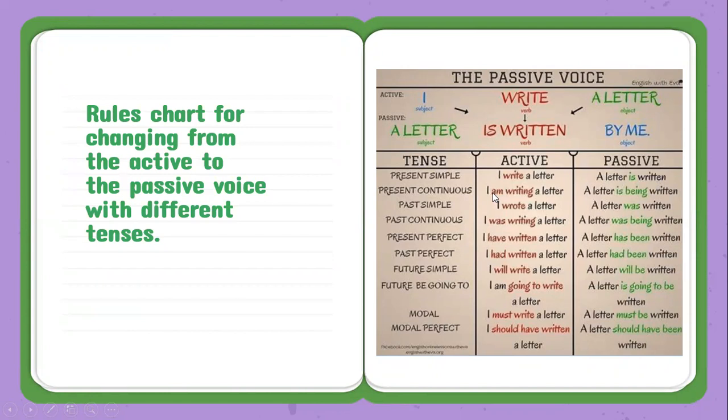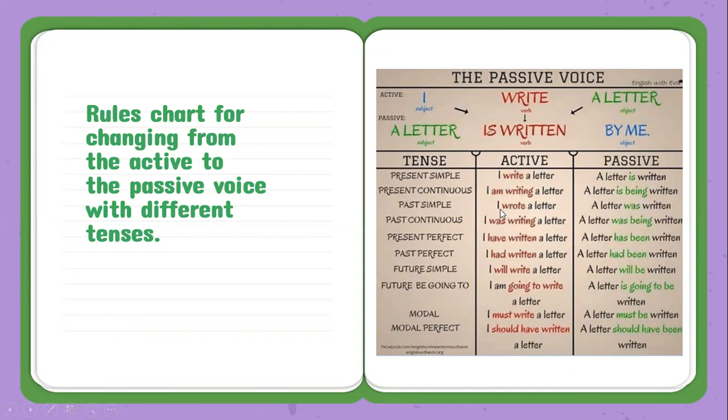Same thing here. I am writing, present continuous. Okay, now a letter is being written. When I have present continuous, I write is, the verb to be, plus being plus the past participle. Okay, so the verb to be plus being plus the past participle of the verb. Past simple, wrote, so was, and then written.